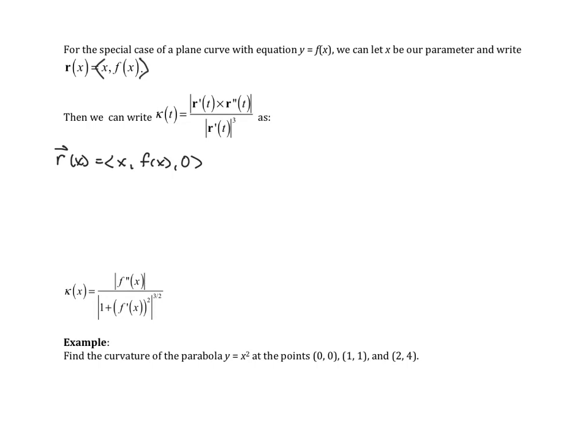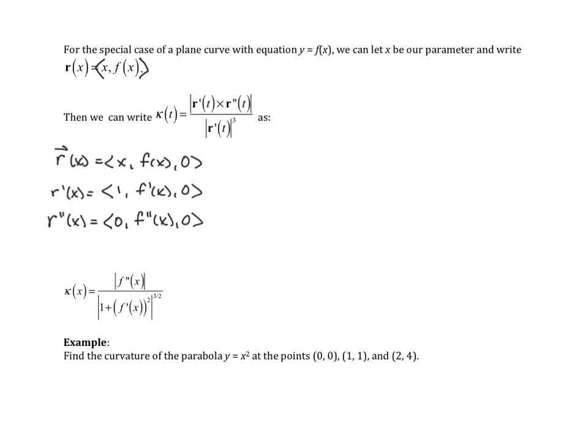Okay, so let's go through and derive what this other formula could be if our equation is relating y equals f of x and x is our parameter. So our r prime, I'm going to ignore the vector symbol, just understand it's a vector, r prime of x equals 1, f prime of x, 0. And r double prime of x equals 0, f double prime of x, 0.